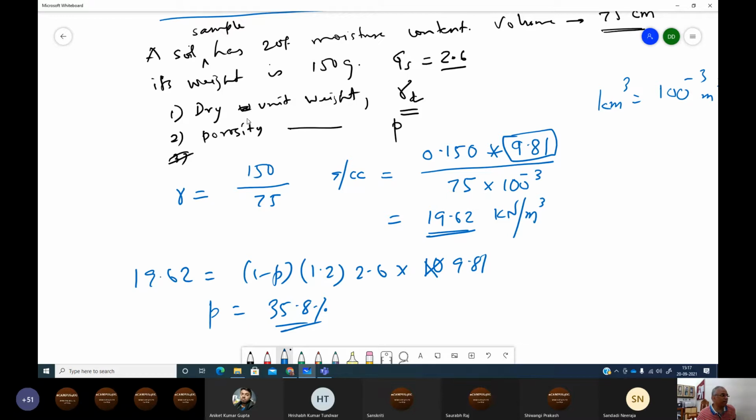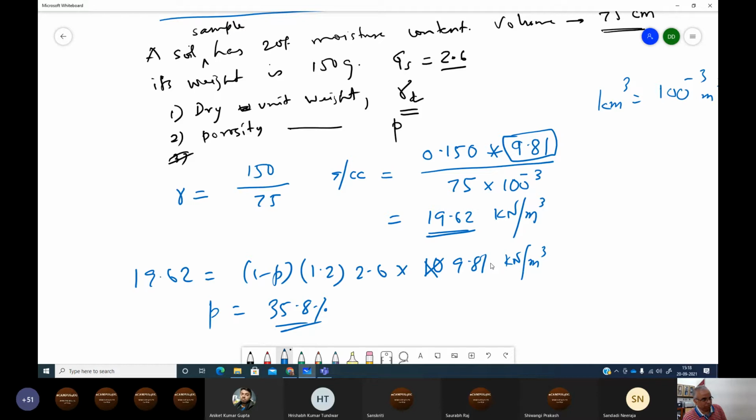Now how will we find the dry unit weight? So why did you take gamma W to be 9.81? Because this is the g, right? This much kilonewton per meter cube. Do not use 10, because you are using g as 9.81. So 9.81 into your 1000 kg, again divided by 1000 because we are making it kilonewton.